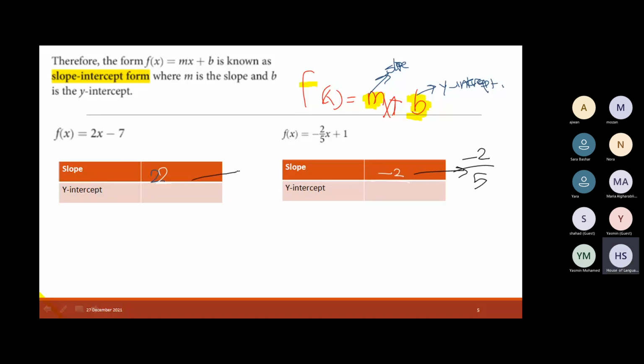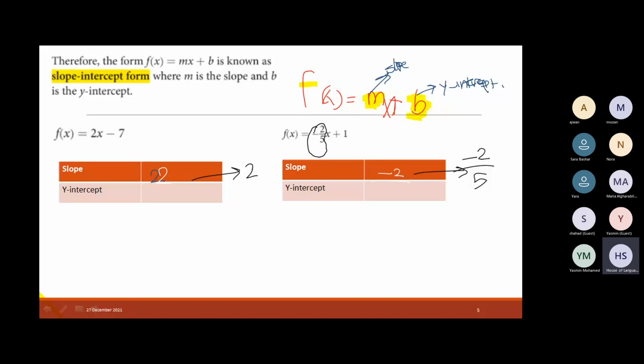Look at here, what is the coefficient? The coefficient of x is negative 2 over 5, so this will be the slope.